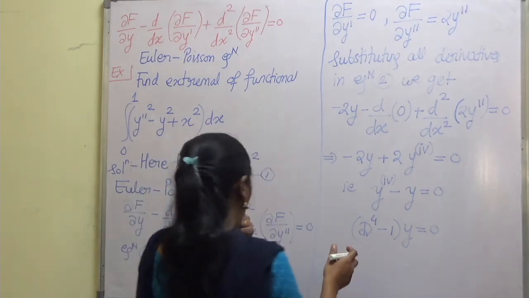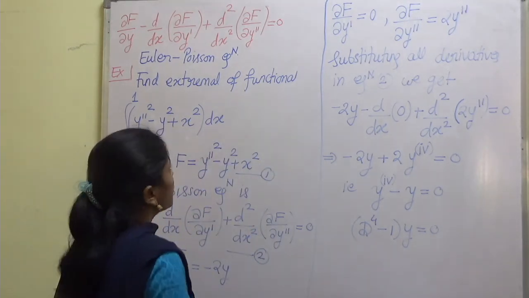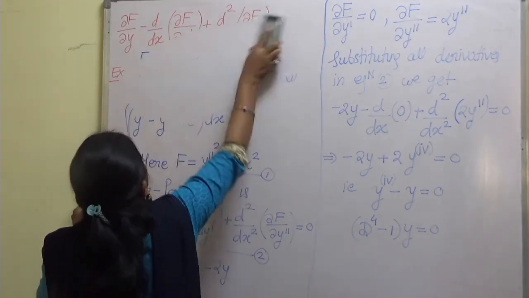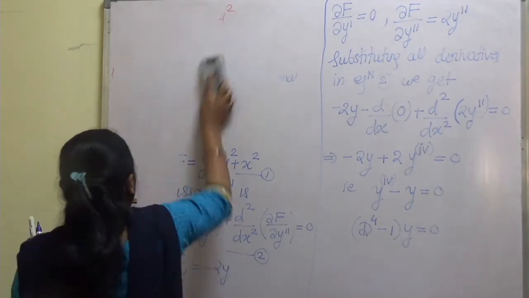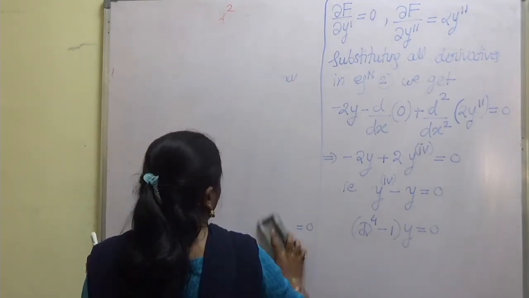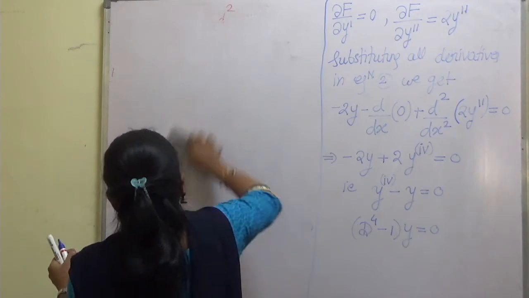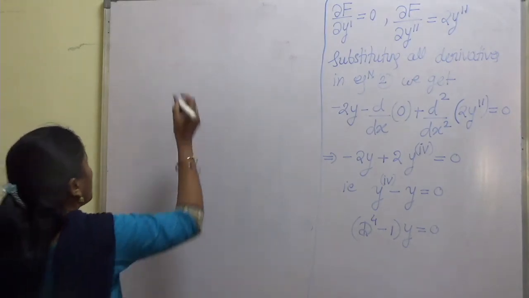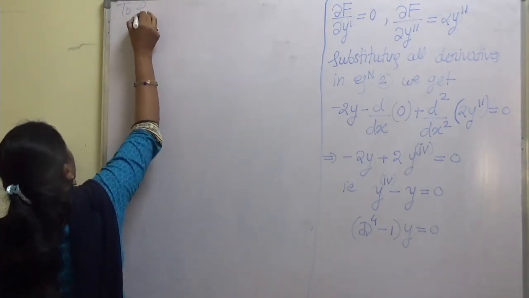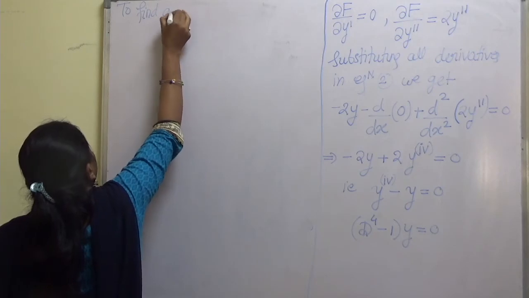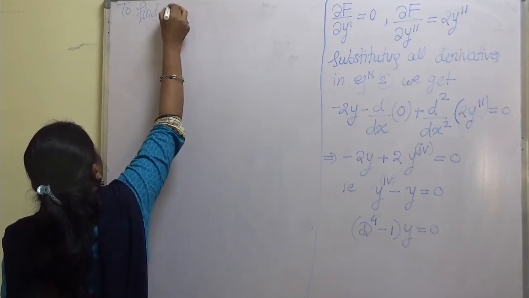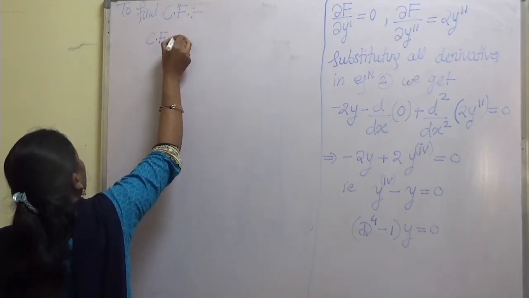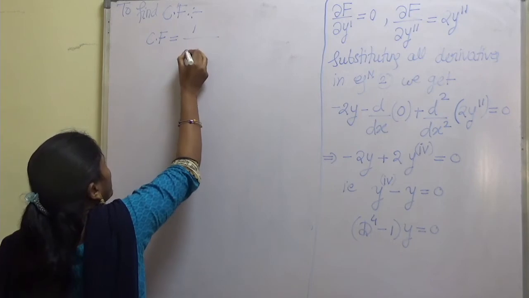Okay, so let us find the complementary function. That is CF. So the complementary function is equal to 1 upon D⁴.